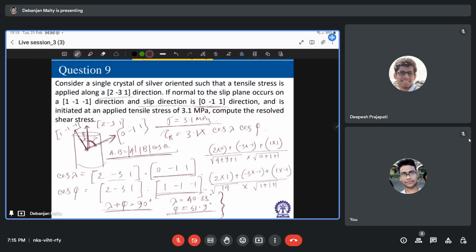Anyhow, these directions I have provided are not correct, some random values. Let us take this as fine, no issue. If this lambda value is coming as this and phi value is coming as this, then you can find out this tau value from here. Got it what I'm saying?